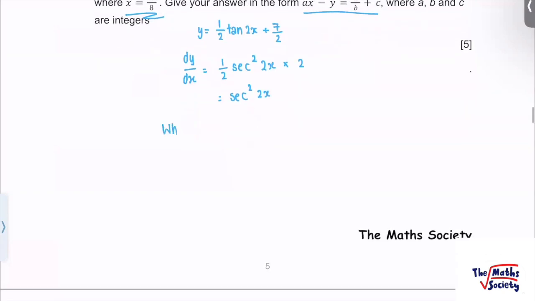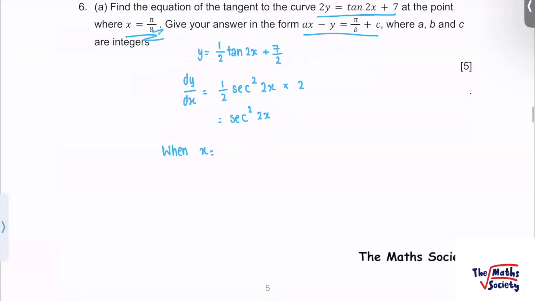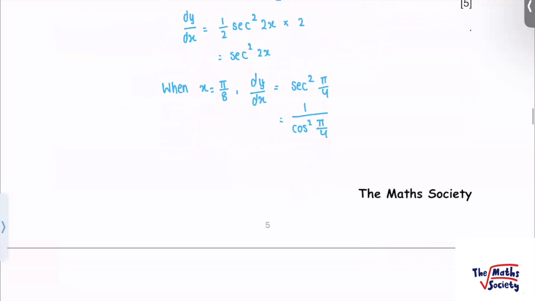And when x is equal to pi by 8, dy by dx is equal to sec squared 2x. So that's going to be sec squared pi by 4, so it'll be 1 by cos squared pi by 4. So that's going to equal 2. So y equals mx plus c, so that's 2x plus c, right?